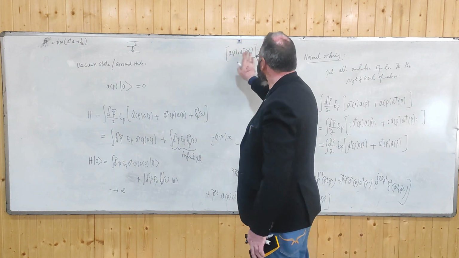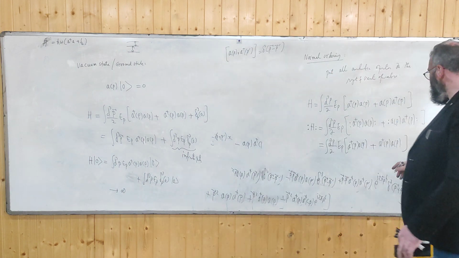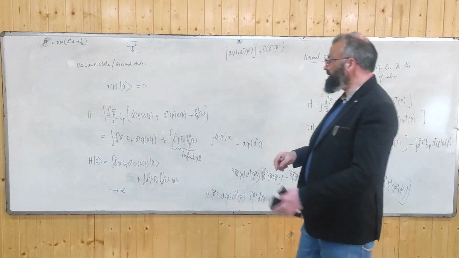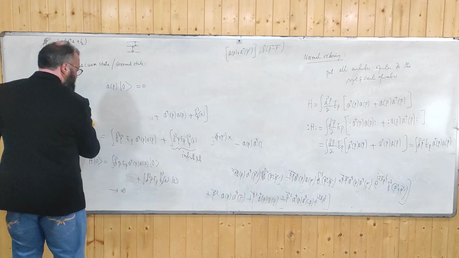Now what you are getting here is d3p Ep a dagger p a p. So it is a harmonic oscillator with energy Ep, clear? And you sum them.